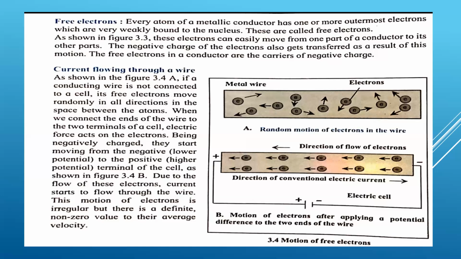In the second figure, you can see, children, there is a positive terminal and negative terminal. So positive ions move from positive terminal to the negative terminal, and negative charge, that is electron, moves from negative terminal to the positive terminal.